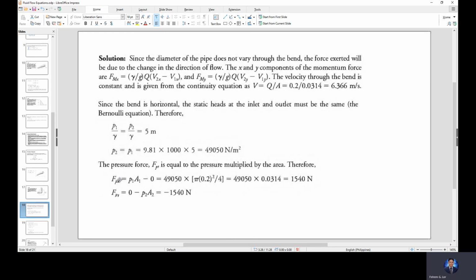This is the force due to the static pressure; the momentum hasn't come in yet. Force is equal to pressure times area, so 49,050 times the area of the pipe.